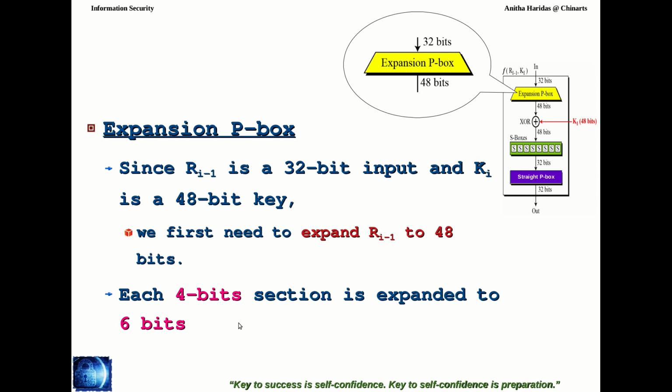Now what it is going to do, the 32 bits is divided into 4 bit sections, and each 4 bit section will be expanded to 6 bits. I repeat, the 32 bits input is divided into 4 bit sections, and each 4 bit section is expanded to 6 bits. Let us see how it is being done.